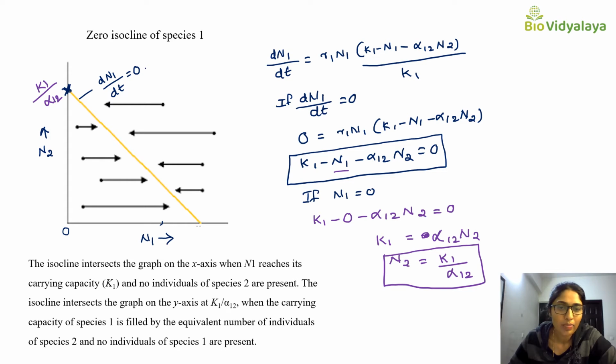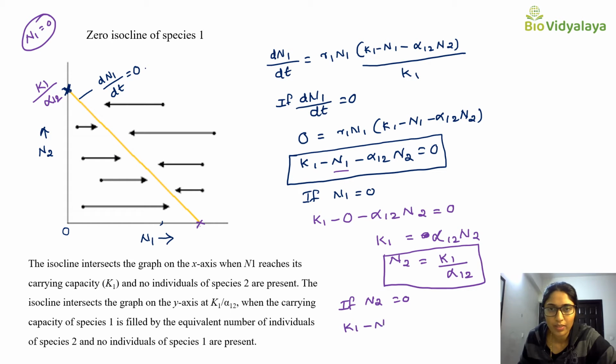At this point, species 1 is absent. That means N1 is 0. And then if N2 is equal to 0, what will be N1? This point. If N2 is equal to 0, that means K1 minus N1 minus 0, because here N2 is equal to 0, so this whole term will be 0.